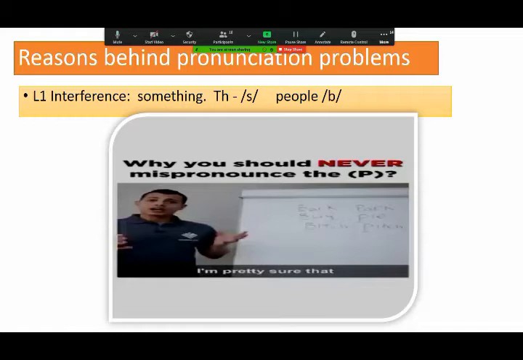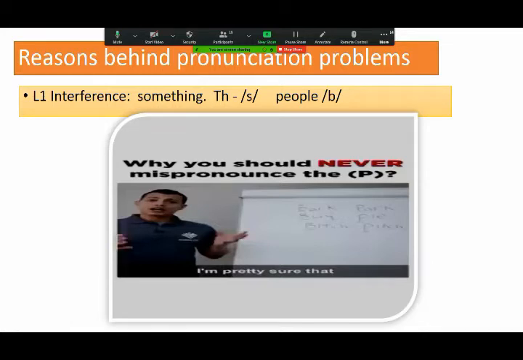So what do I mean by L1? L stands for language, and 1 means the interference that might happen because of the first language.